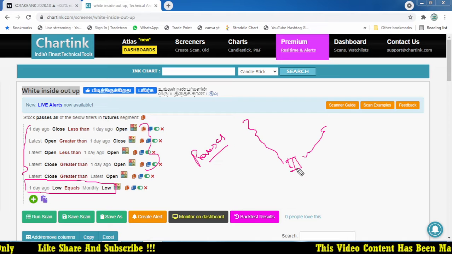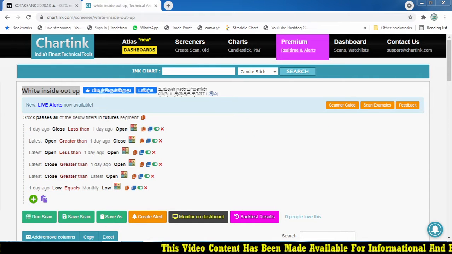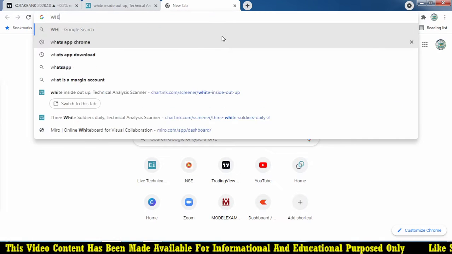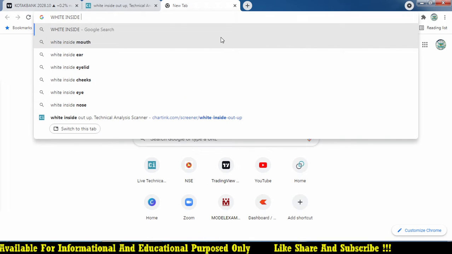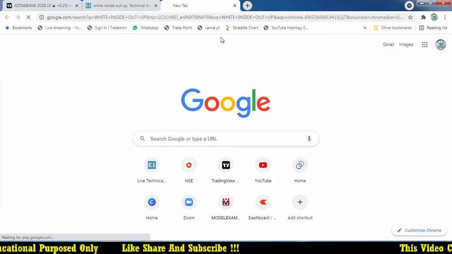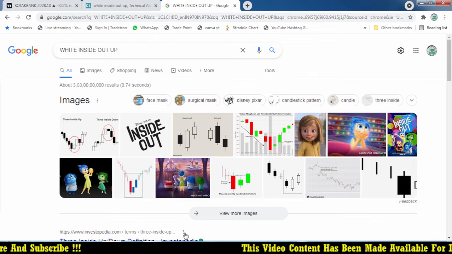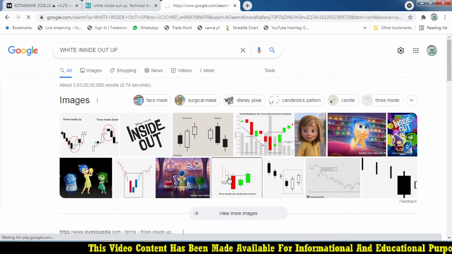Here we are finding a two-candlestick reversal pattern that I'm going to discuss, called the white inside out.